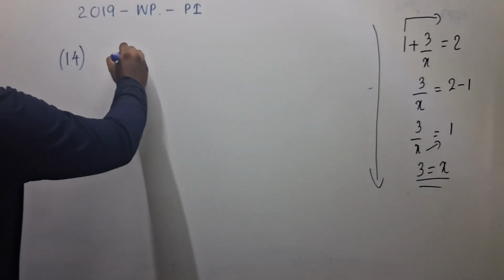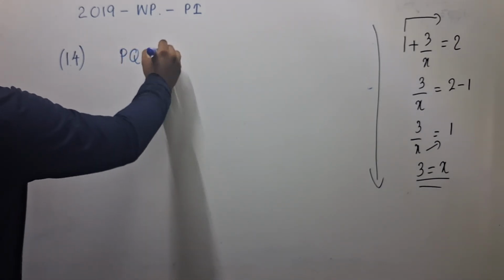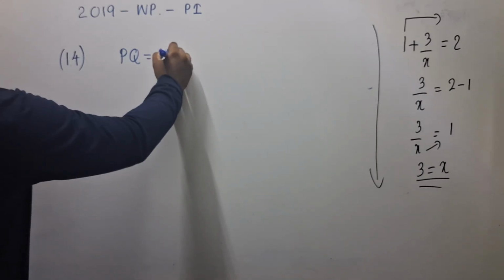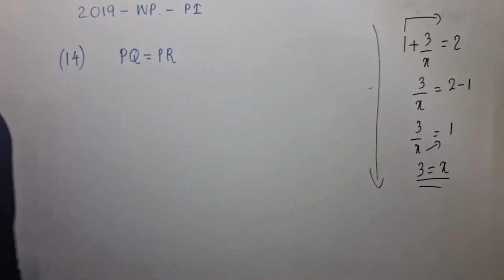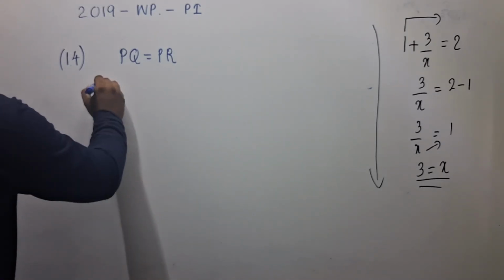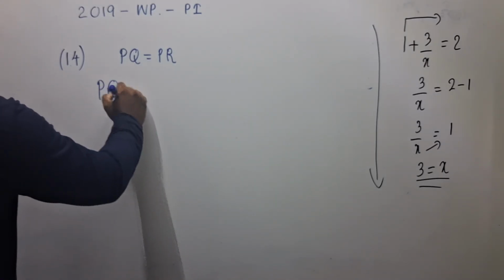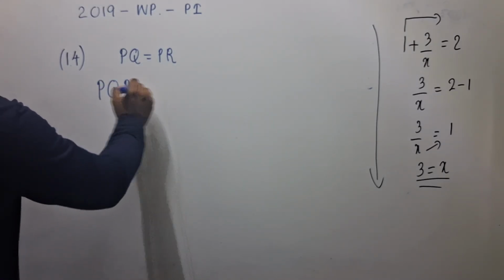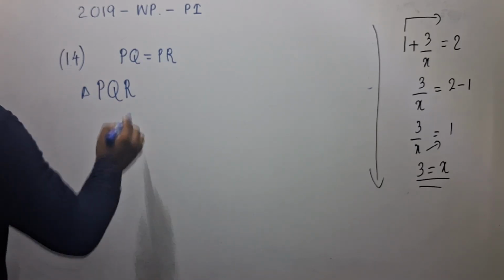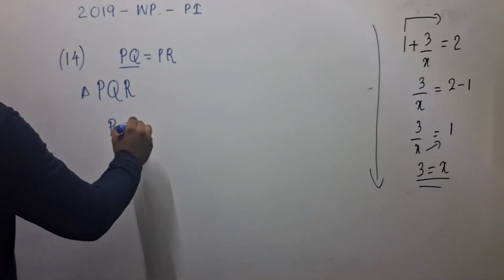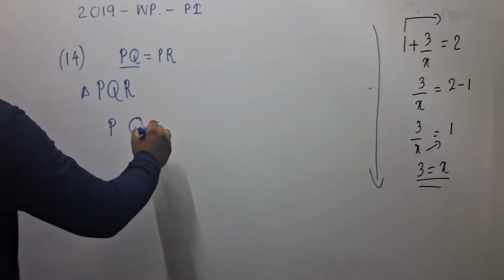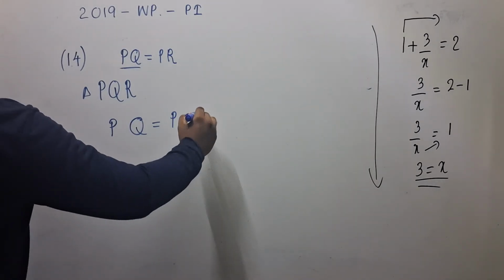When there is a triangle with two equal sides, you must remember the opposite angles are similar. Name of the triangle? Triangle PQR. So what is the opposite angle for PQ? And what is the opposite angle for PR?